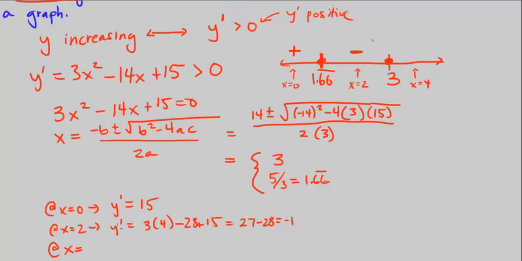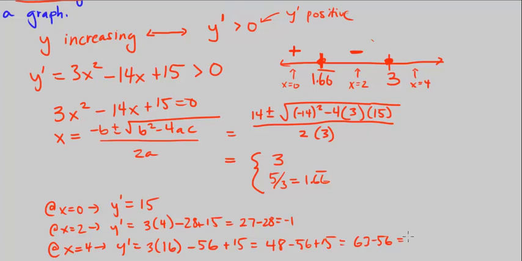And finally, at x is equal to 4 is my last trial point. Y prime is equal to, well, let's plug it in. 3 times 4 squared is 16, minus 14 times 4, that's 56, plus 15, right? 16 times 3, that's 48, minus 56, plus 15, right? 48 plus 15 is 63, minus 56.